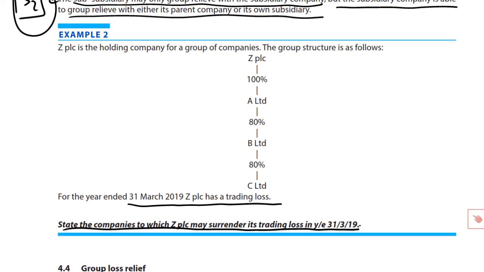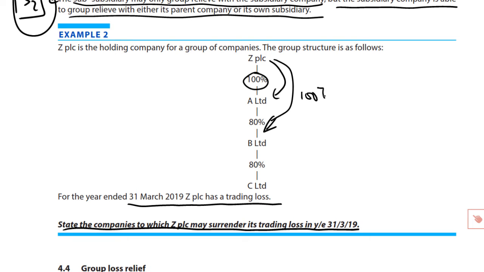So, again, very easy, but have a quick look at this. Is Z plc able to group relieve with A Limited? Yes. The direct holding and the indirectly effective, they are both the same, 100%. Can Z plc group relieve then with B Limited?